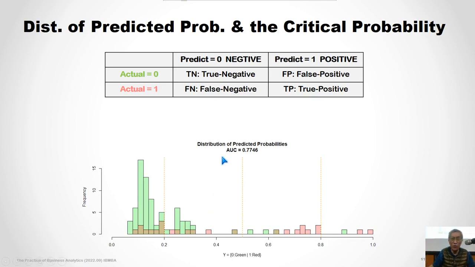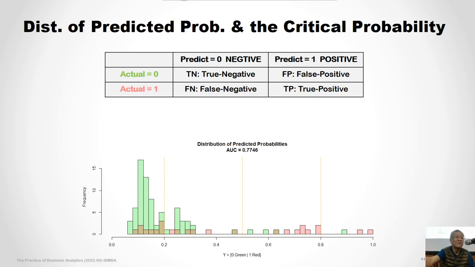But actually, in order to understand what the confusion matrix is, you need to know this. The first thing you want to do, after making a decision, is look at the information that you get out of the prediction.